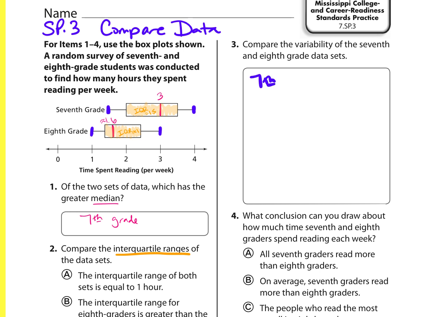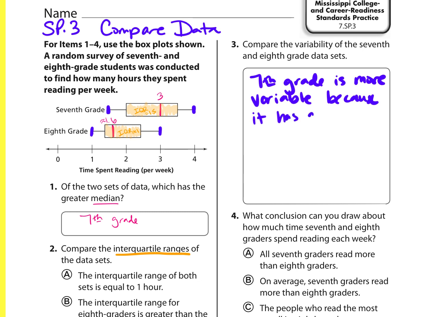So 7th grade is more variable because it has a greater range and interquartile range.